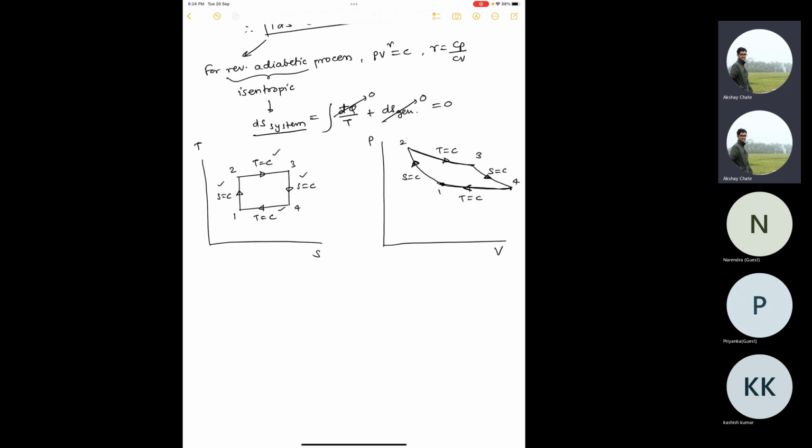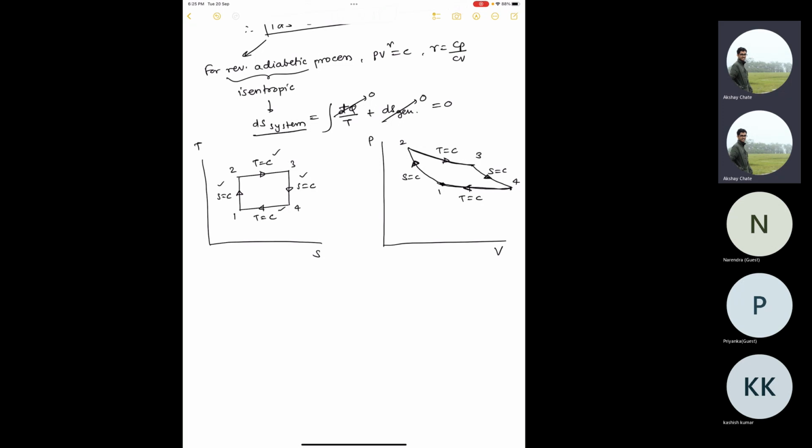Now, one thing is there. Actually, I forgot. You can ask me how did you draw this part, Cp, Cv, right? I think it comes from the TdS equation only somehow.